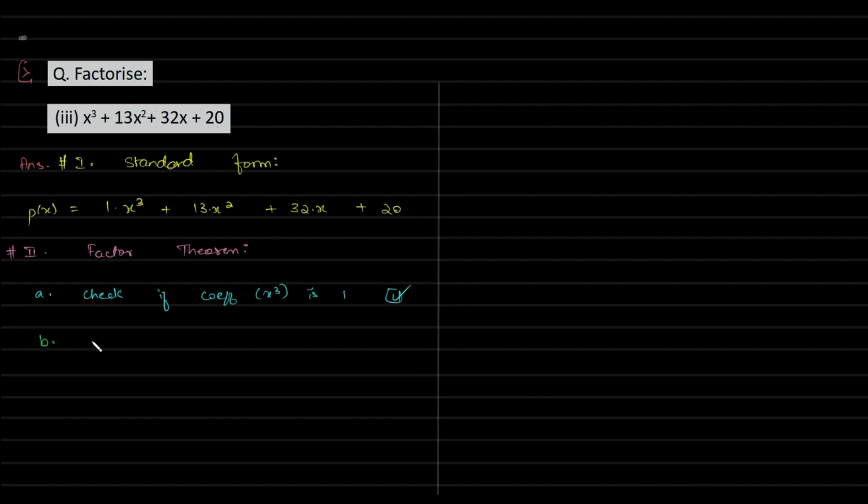Next thing is to find the factors of the constant 20. So that is plus or minus 1, plus or minus 20, plus or minus 2, plus or minus 10, plus or minus 4, plus or minus 5.